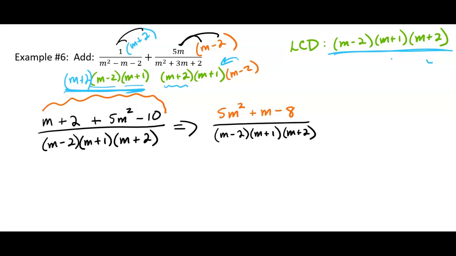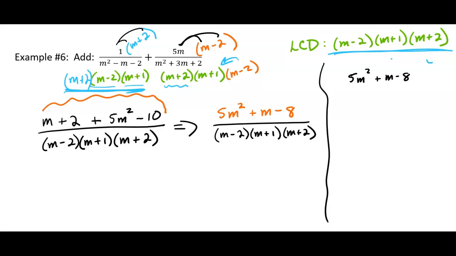Okay, so then the question is, can we factor that trinomial that's in the numerator? Well, we can certainly try. So I'll make like a little wavy line here. Here's my 5m squared plus m minus 8.